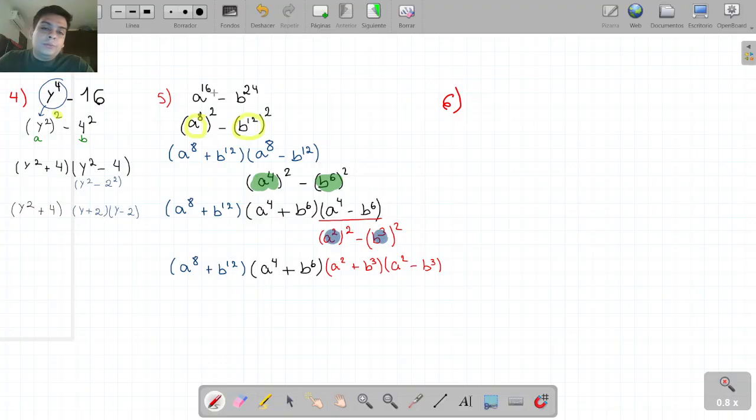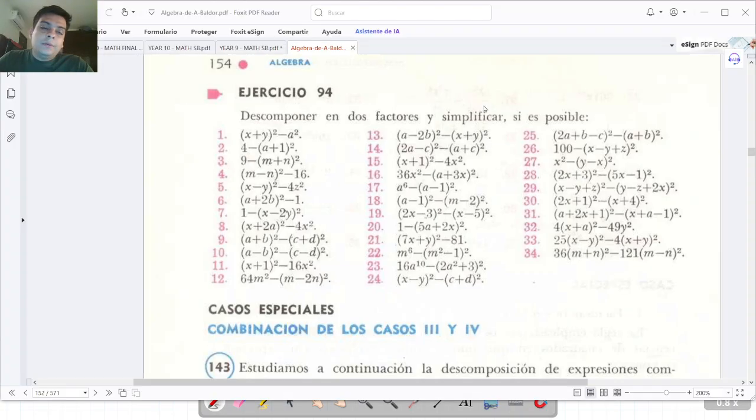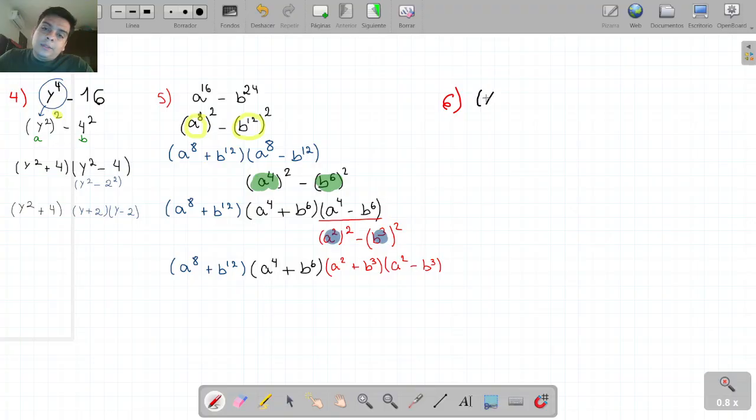So let's try to solve the first one. For example, we have x plus y squared minus a squared. But you don't have to be afraid of these types of things because we still are using the formula. The only difference is that a, according to the formula, is going to be all of this, and b is going to be this.